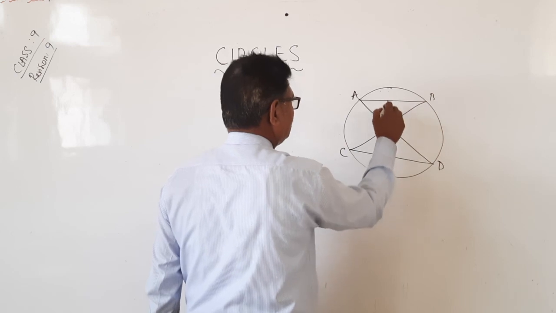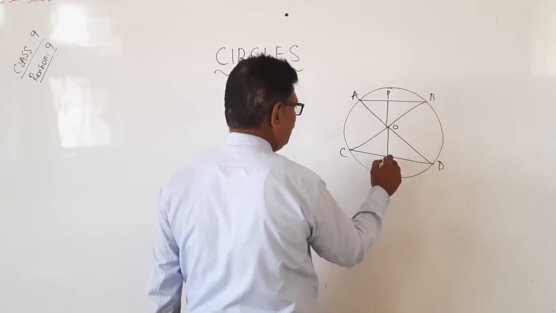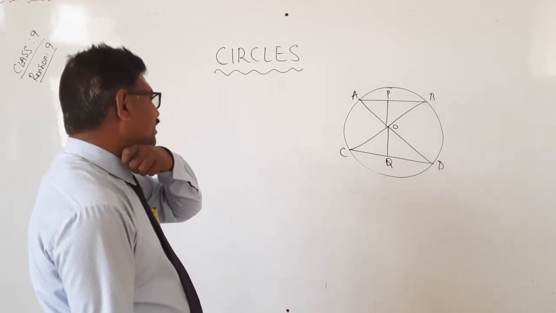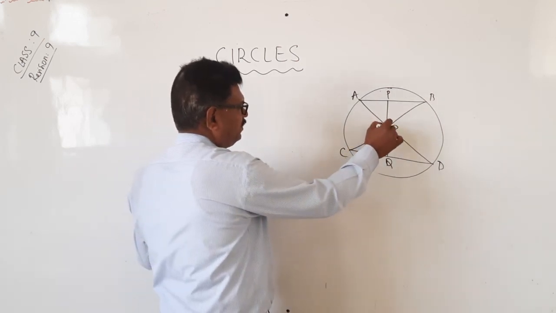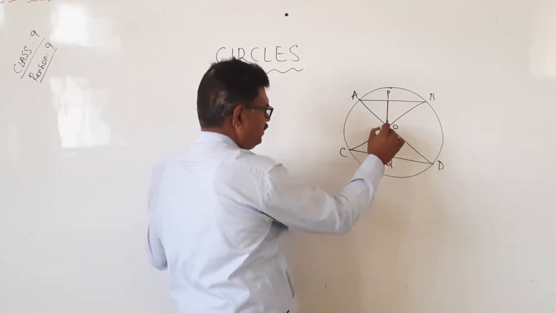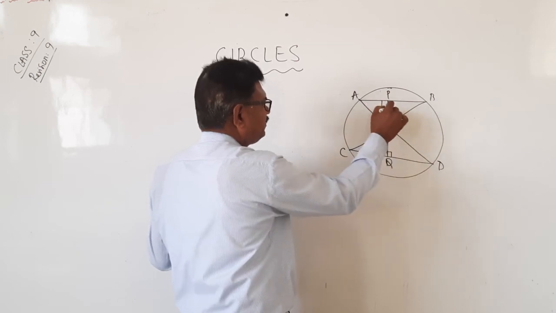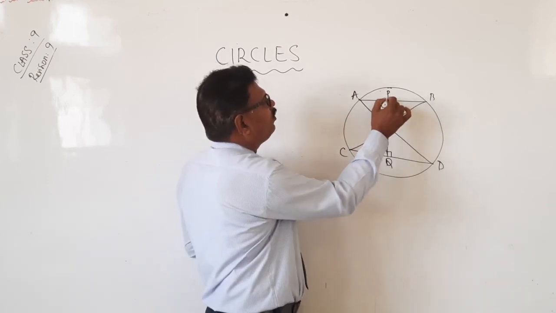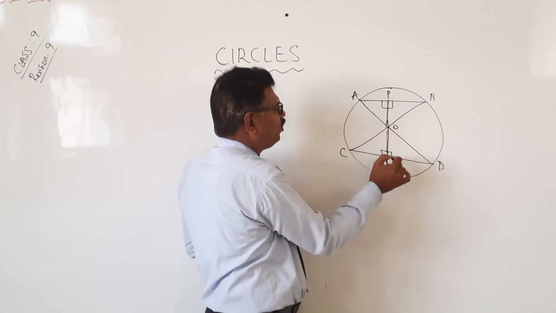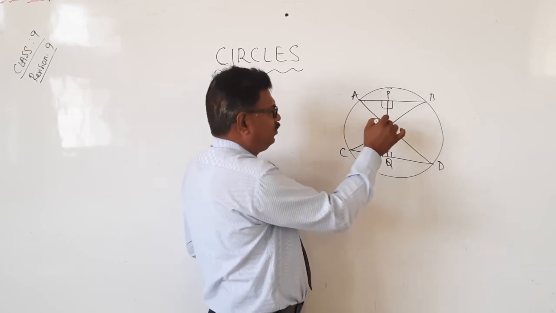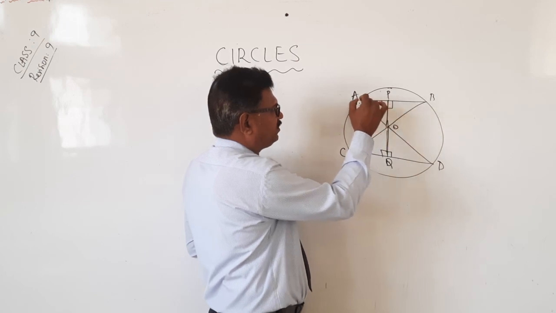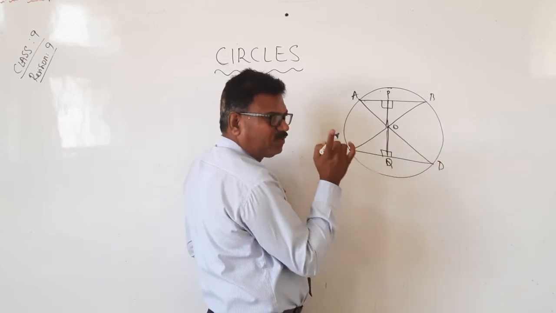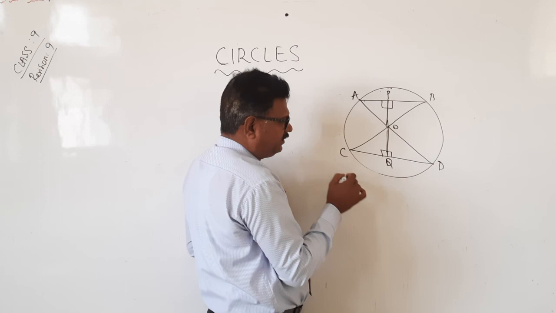So we have to prove that OP will be equal to OQ. Very simple. You can take perpendiculars like this. Then you just consider triangle OPA and triangle OQD. Next, first AP equal to QD, because if it is a perpendicular, it will divide the chord into equal parts, and already AB equal to CD.